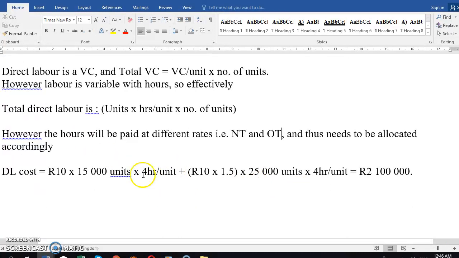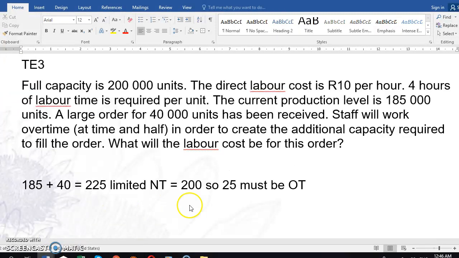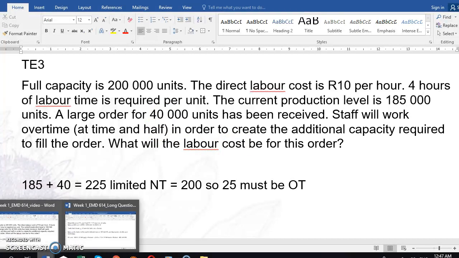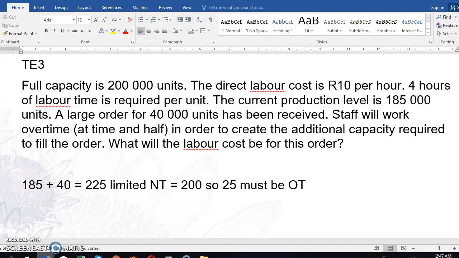So the question was, what will be the cost for this order? Well, this order can be fulfilled from 15,000 spare, since 200 minus 185 is 15,000 spare, so 15,000 will come at normal time. Then the additional 25,000 to make up the 40,000 will come at overtime, and that just has to be split accordingly.